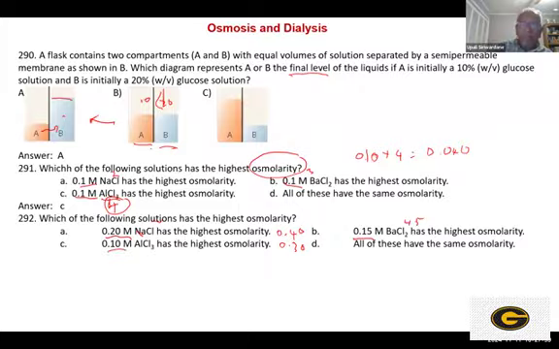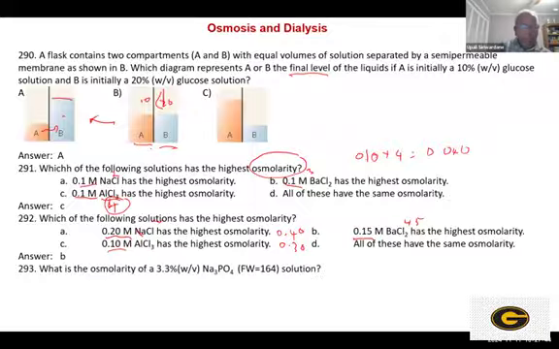Therefore, B is the correct answer. I didn't calculate it. They multiplied 0.15 multiplied by 3. This is 1.5.